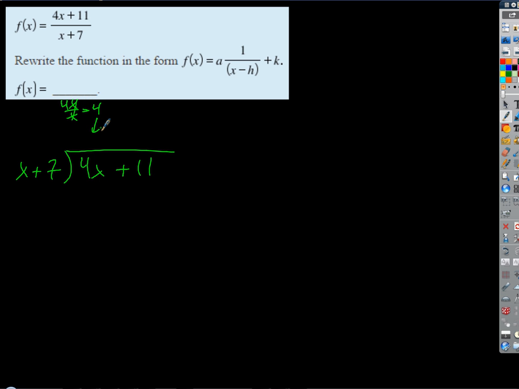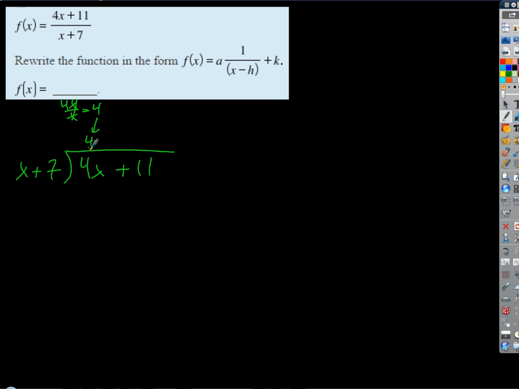The other way I could ask myself that is, remember when we're doing long division, it's been a while since we've done long division, so you're probably a little rusty on this. We want to know how many times does the leading term outside divide into the leading term inside. So one way of saying that is x times what is 4x? Well, 4, right?